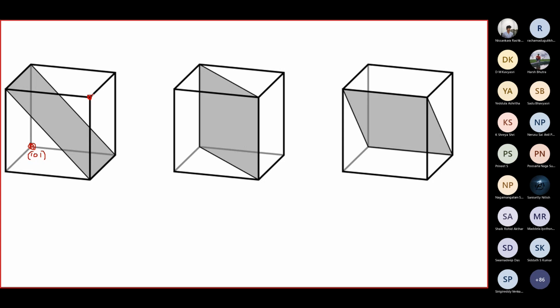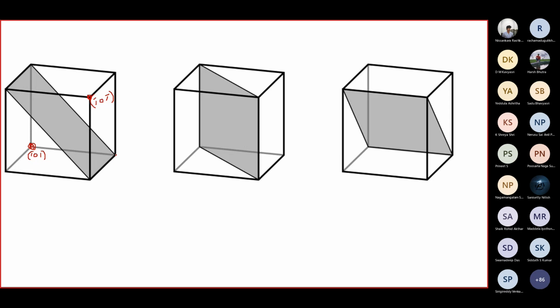That means the y-axis, that is the K value, is 0. H is minus 1. L is 0. So for this, it will be 1 bar, 0, 1 bar. Negative values are always represented with a bar. This is the HKL value for this one.